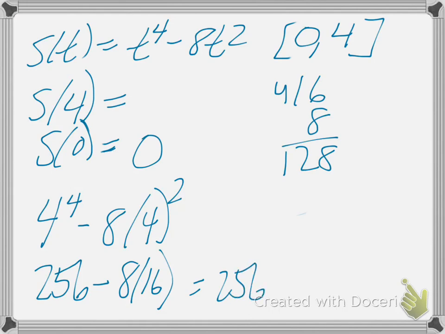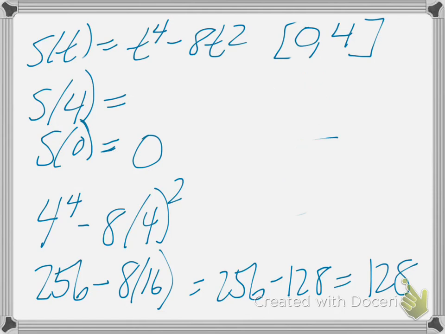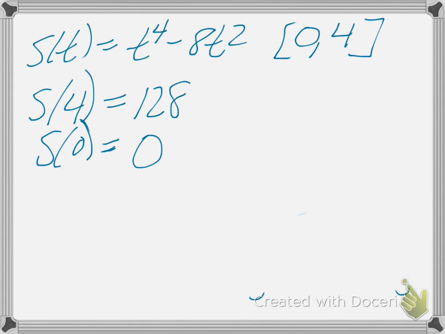So we're going to get 256 minus 128, and that is going to give us 128. So let's write 128 over here. Okay, so we started at 0, and S of 4 was 128, so it would appear that we traveled 128. But I can tell you right now that's the wrong answer.